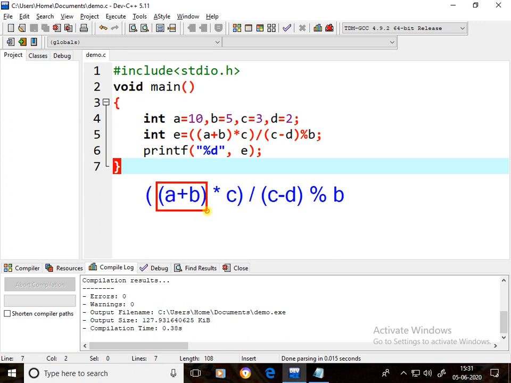First a plus b: 10 plus 5, the result is 15. After this, star c, value 3: 15 into 3, 45.